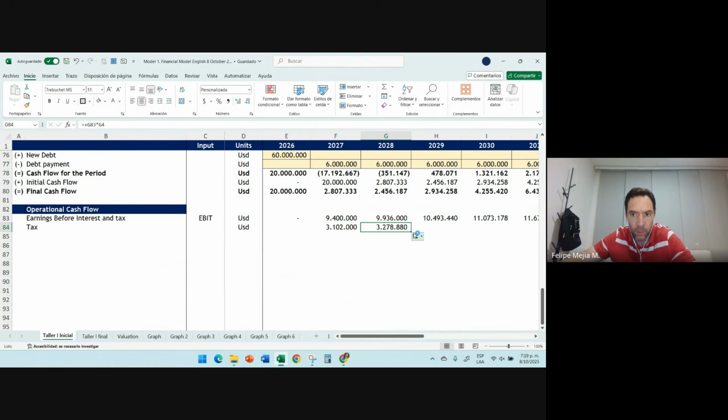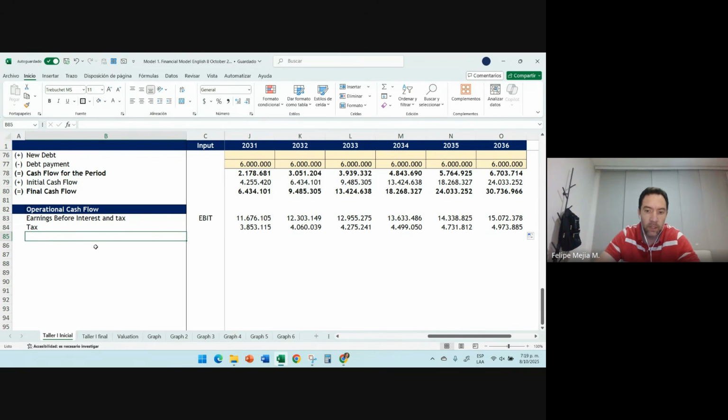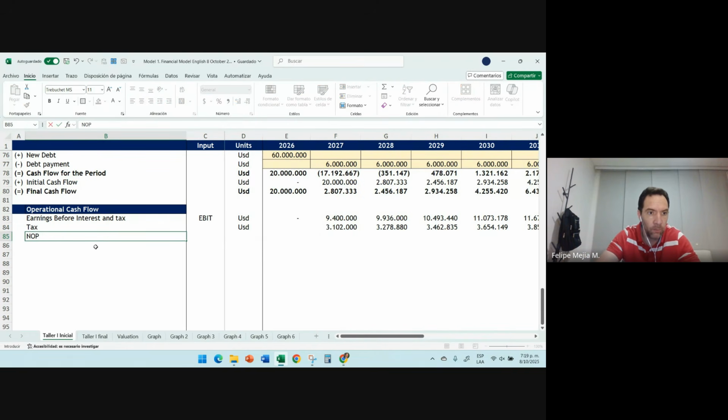So we move to the right, and we then need to calculate a new subtotal that is called NOPAT, or net operating profit after tax.